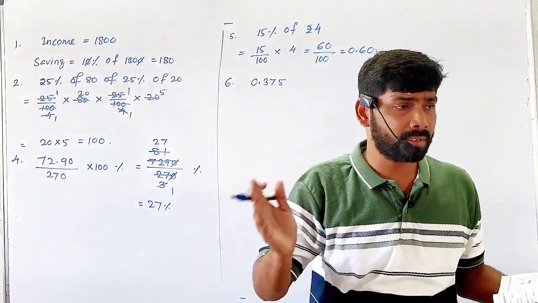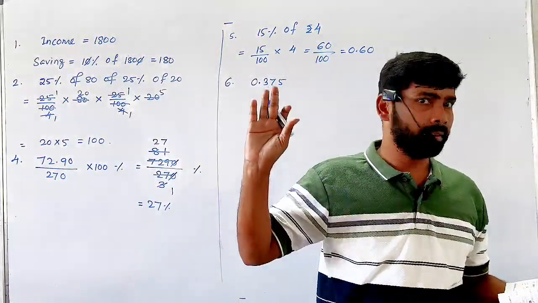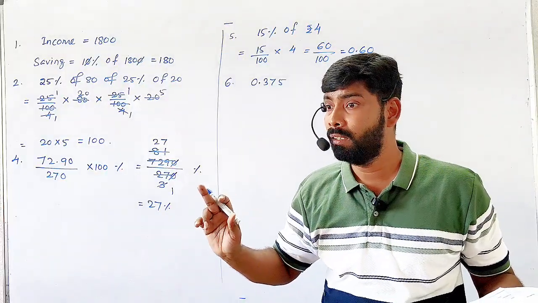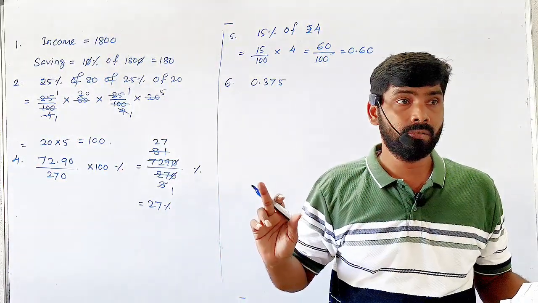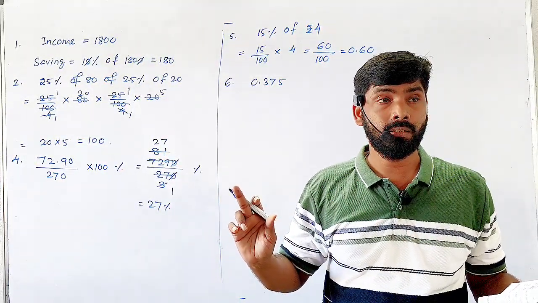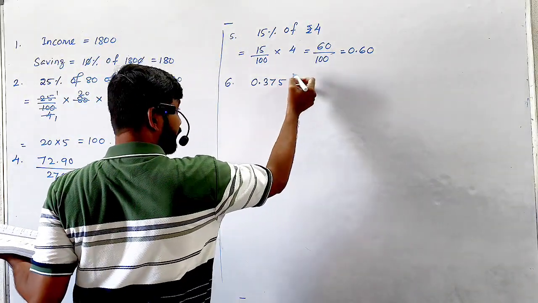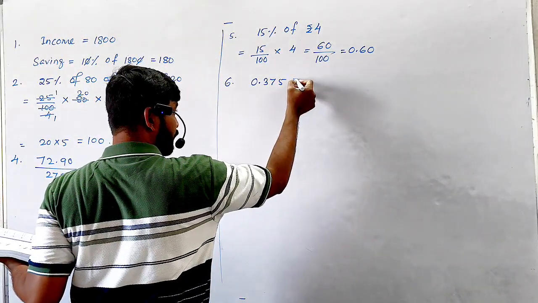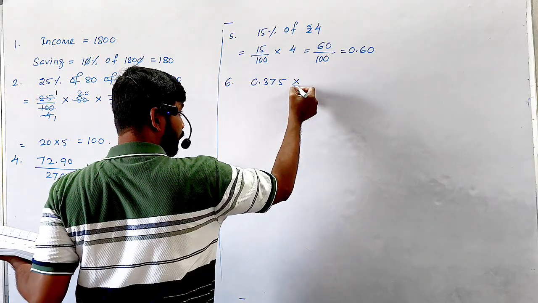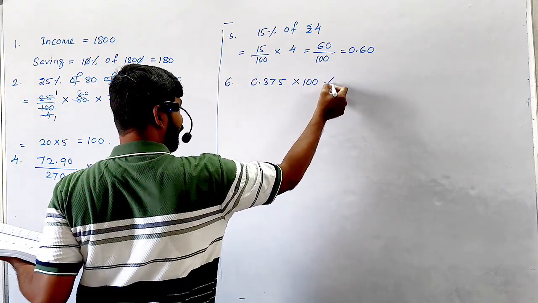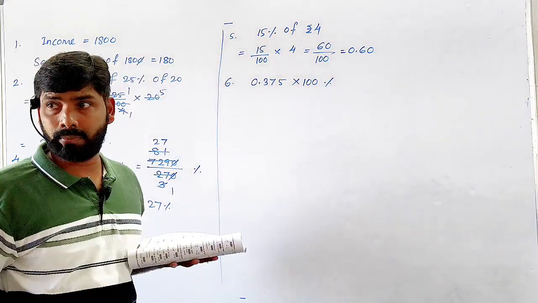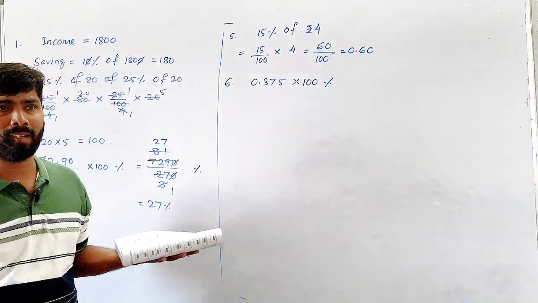Let it be decimal to percentage or fraction to percentage, we have to multiply by 100%. Don't play there. So 0.375, when we are converting into percentage, we have to multiply by 100, and we must put the percentage sign here.